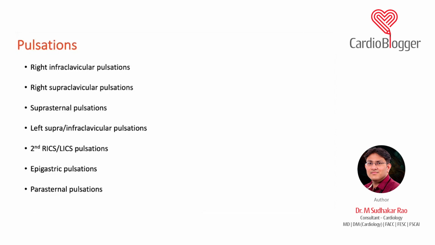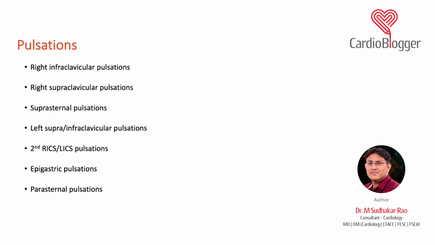The left second intercostal space pulsation is most commonly found in patients with a dilated pulmonary artery. So in patients who have PAH, you will get the left second intercostal space pulsations. Also, you have to look for other findings of PAH like the palpable P2 in the left second intercostal space, and on percussion you will get a dull note in the left second intercostal space. These are the findings which tell that the pulmonary artery is dilated.